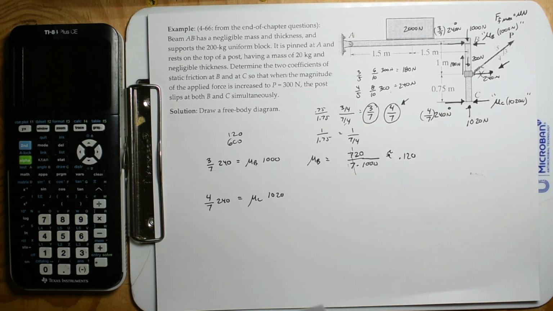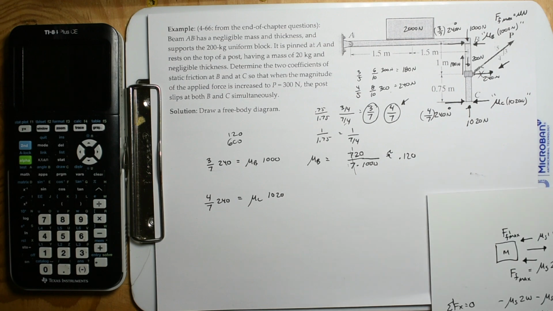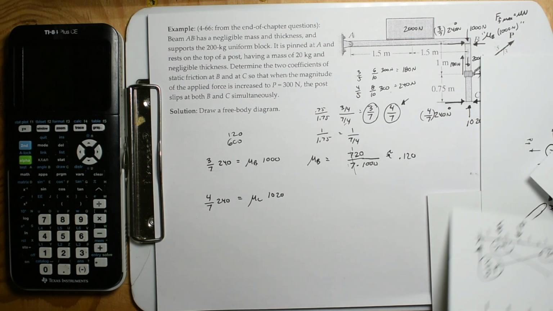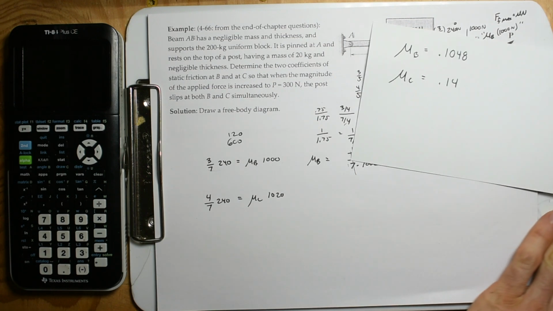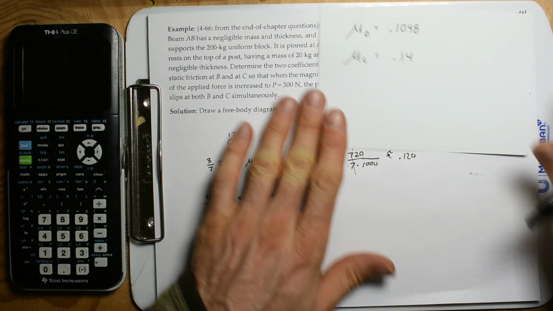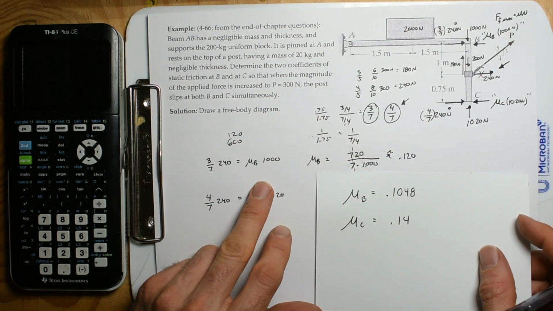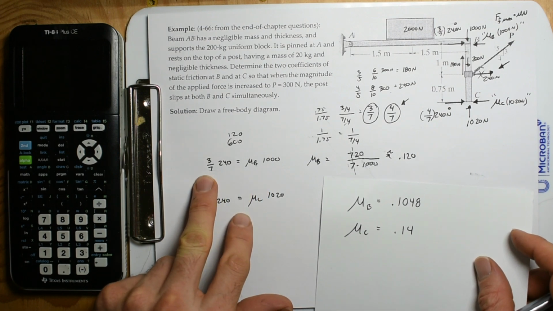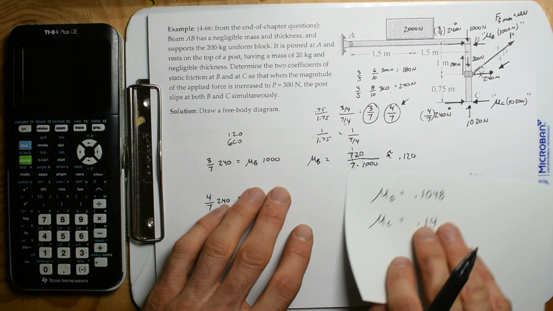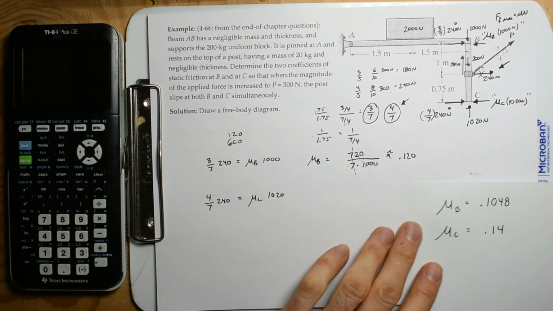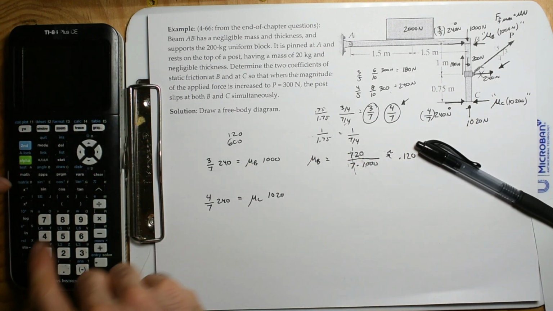So that should be pretty close to what that is. And where's our answers? And so mu b is, oh, did I mess up? We better just check our answers with our calculators.